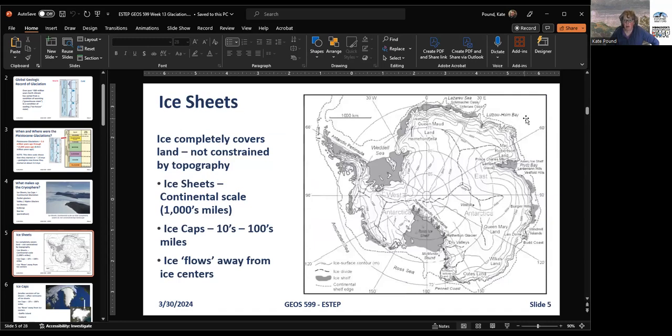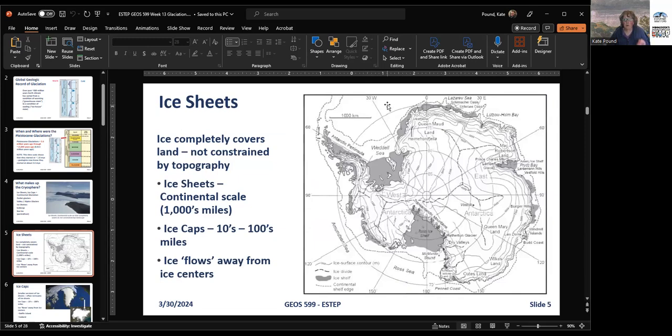So on the right, we've got a map of Antarctica. So here, where I'm outlining with my cursor, is the East Antarctic ice sheet. And the West Antarctic ice sheet is over here.